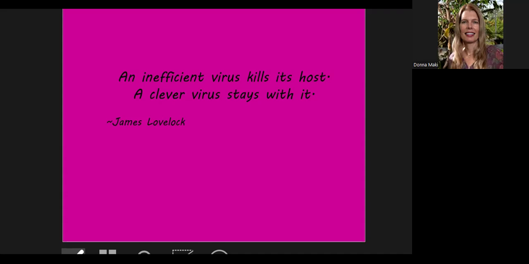So often what happens is if a virus is particularly virulent and does kill the host, it's usually because the virus and the host haven't had a chance to co-evolve with each other and come to a more stable relationship. Like with the COVID epidemic we just went through in the last few years, the idea is that after the first year or so, the virus should have become less harmful, which it did.